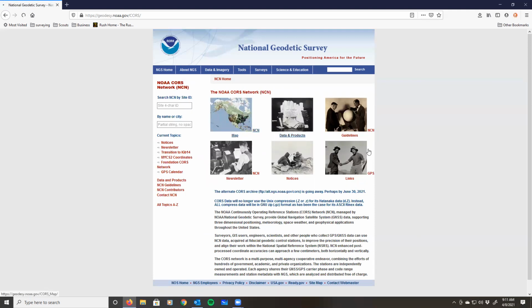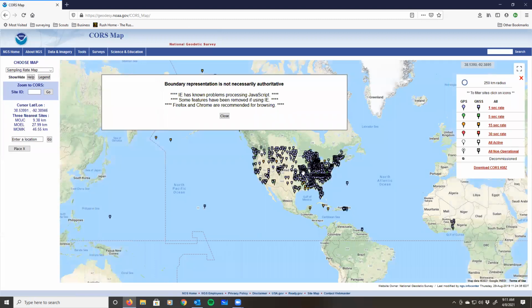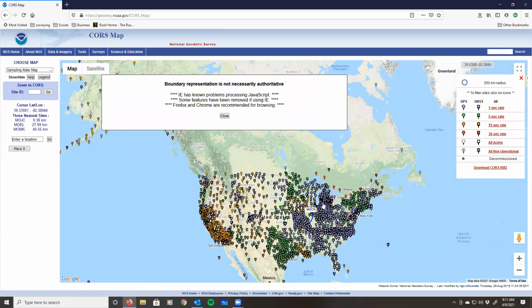So for example, if you wanted to know where all the CORS stations are in the US, this is them. It tells whether they're GPS or GNSS, and then what the rate of collection is, if they collect the data every second, every 5 seconds, 15, or 30.